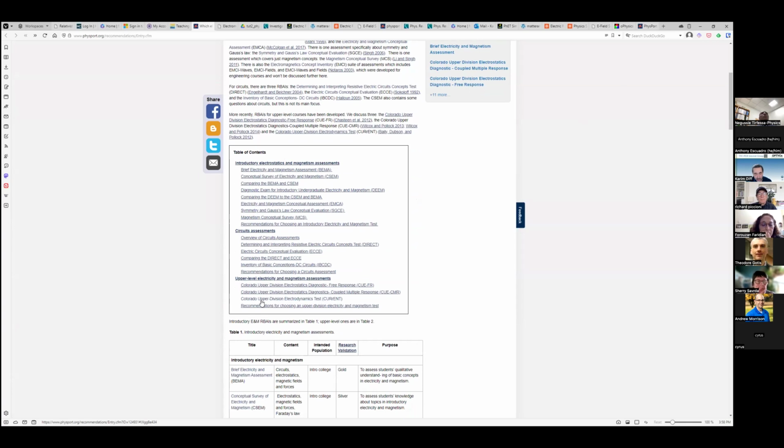And then you have the upper level electricity and magnetism. I think this is a pretty comprehensive list that includes most of the well-researched and established assessment tools that you can use to get a sense of, if you haven't done it already, the understanding of those topics within your classes.